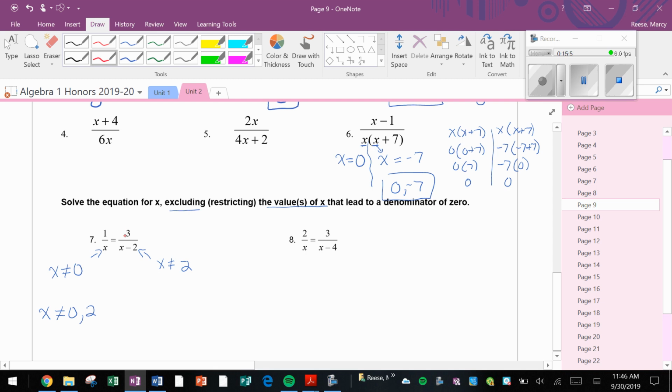So what you're going to do, remember, is cross multiply. So you're going to do 1 times x minus 2, 1 times x minus 2. We're going to set that equal to x times 3, which is the other cross part. And no more fraction. It's gone. That's the beauty of cross multiplication.